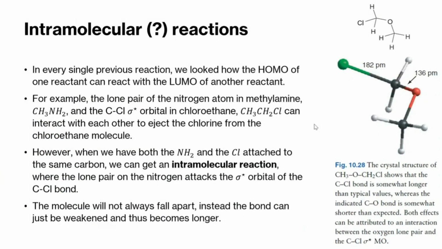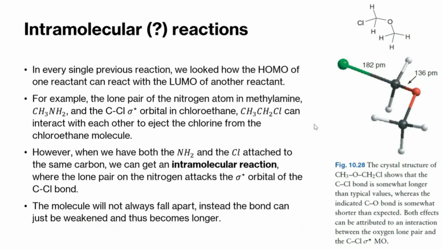Intramolecular reactions are reactions that just happen inside one molecule. In every single previous reaction, we looked at how the HOMO of one reactant can react with the LUMO of another reactant. One example is that the lone pair on the nitrogen atom in methylamine, CH3NH2, and the carbon-chlorine sigma antibonding orbital in chloroethane can interact with each other to eject the chlorine from the chloroethane molecule.